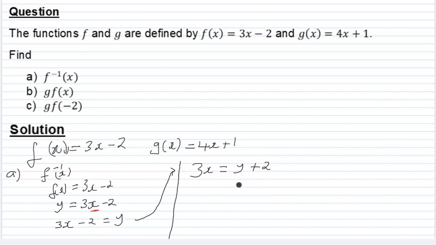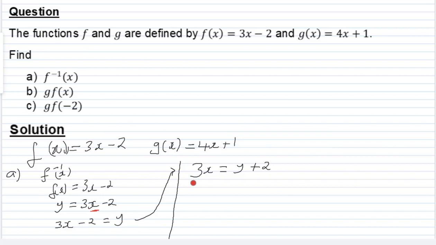Plus 2. Okay, the next step is we don't want this 3. We have to remove this 3 on our left hand side. So how do we do it? We are going to divide both sides of the equation by 3. So let me write the division with a different color here.